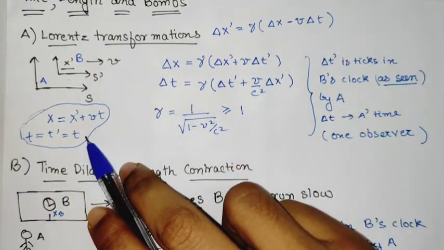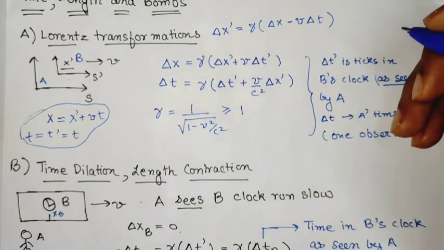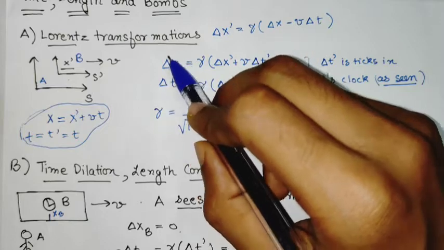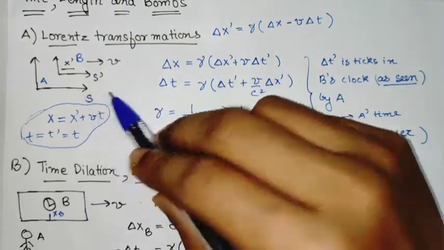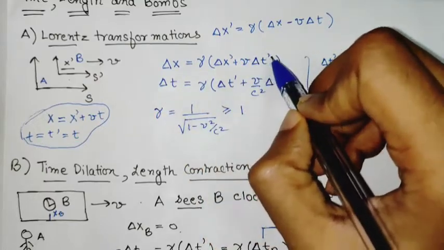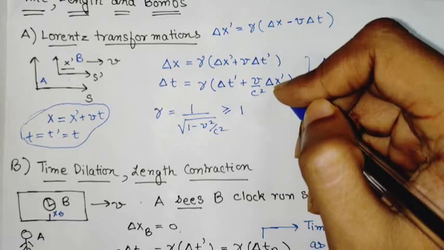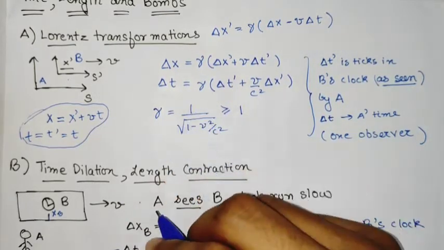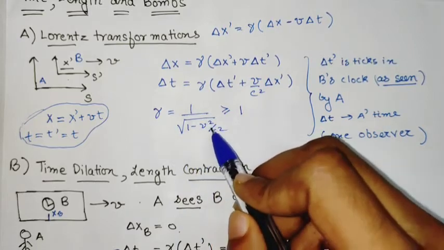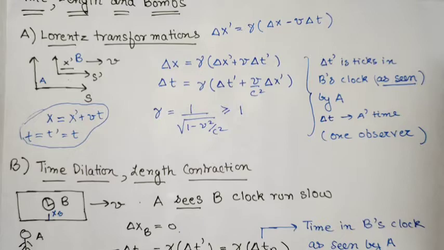But what is actually true is that the coordinate differences and time differences in S are related to the frame S prime in this particular fashion. The gamma factor, as we all know, is 1 over the square root of 1 minus v squared over c squared, and it is greater than or equal to 1.